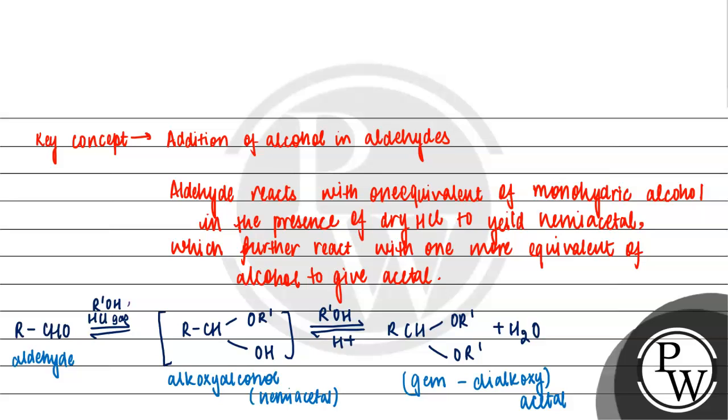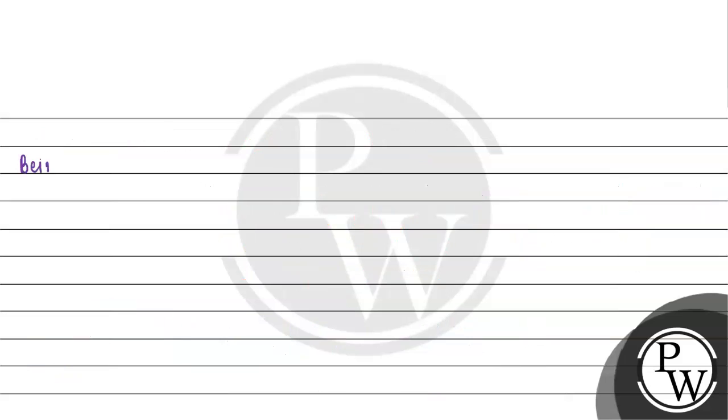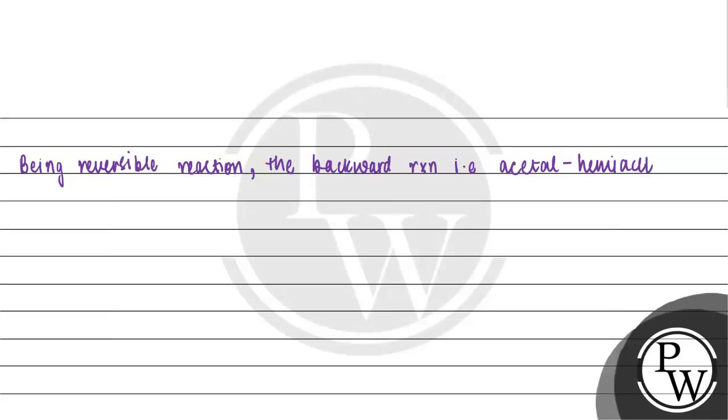So this is the mechanism, or we can say step by step reaction of aldehyde reacting with alcohol to give acetal. तो अगर हम बात करें, this is a reversible reaction, being a reversible reaction, the backward direction of the backward reaction, that is acetal to hemiacetal step. जो हमारा एसिटिल से हेमिएसिटिल वाला स्टेप था, it can be restricted by minimizing water content.